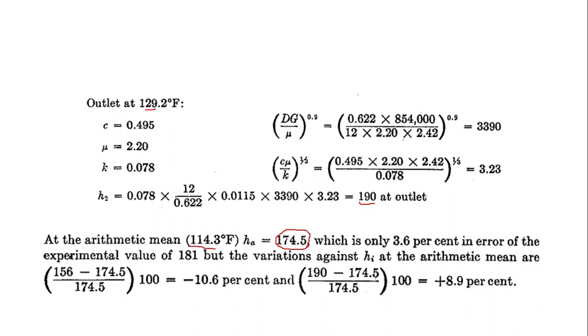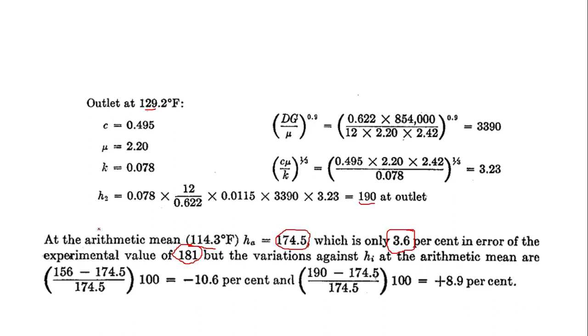When we determine this film coefficient value from the experiment, it ultimately becomes equal to 181. So when we take the error between the experimental value and the film coefficient determined at the arithmetic mean temperature, the error was only 3.6%, right?